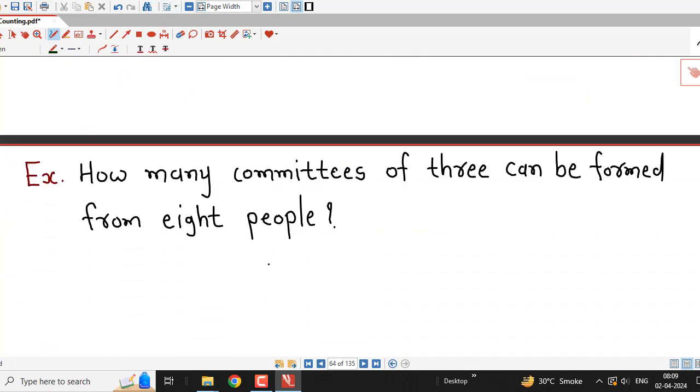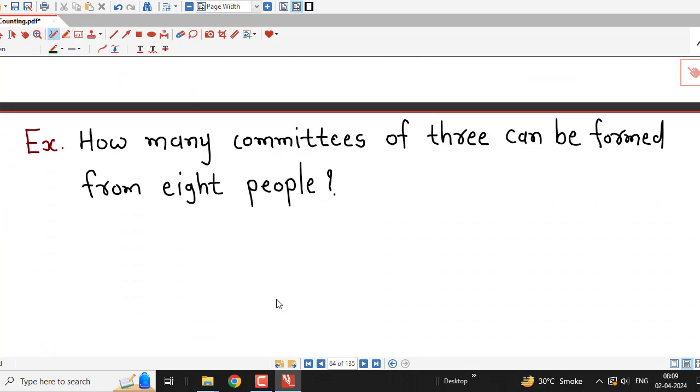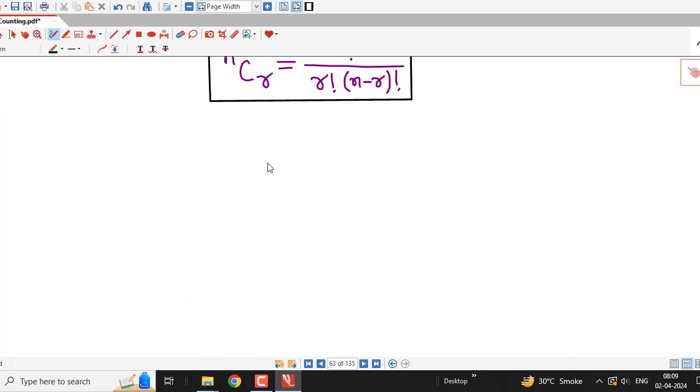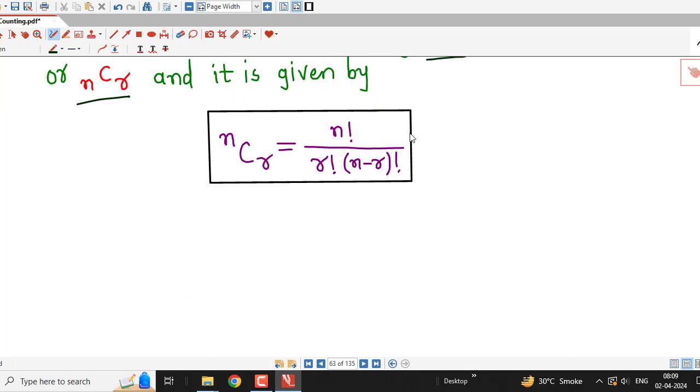So we consider some examples related to counting the number of combinations. Instead of using this formula every time, we can use this type of calculation also. For example, I am interested in the calculation of 4C2.